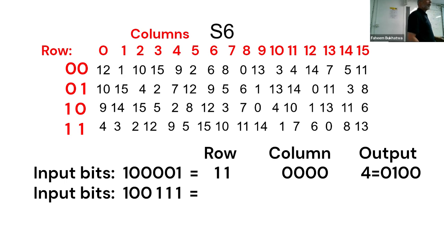Take the first bit and the last bit, and that tells you the row. So the row is that one and that one, which is row 1 1. And this is the column 0 0 1 1. What's that in decimal? 3.